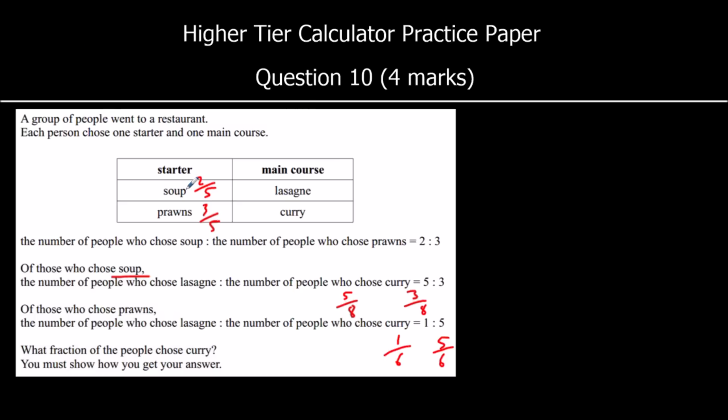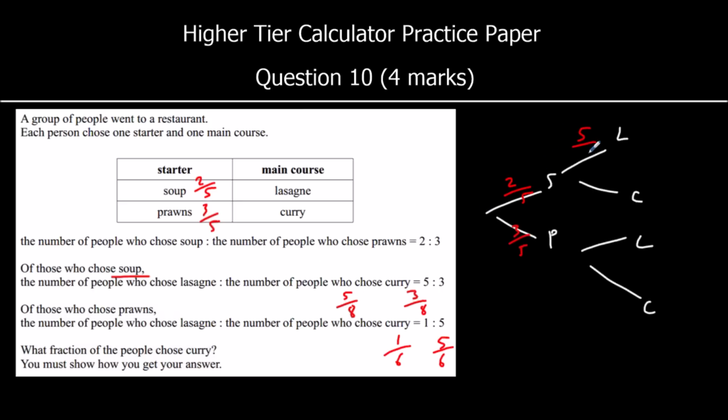So this is a bit like a tree diagram question. So we've got soup and prawns, and then lasagna or curry. So 2/5 soup, 3/5 prawns. Of those that chose soup, 5/8 lasagna, 3/8 curry.